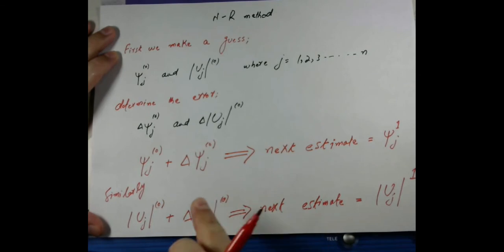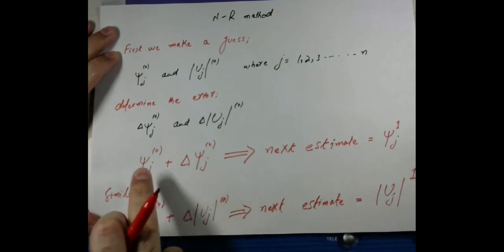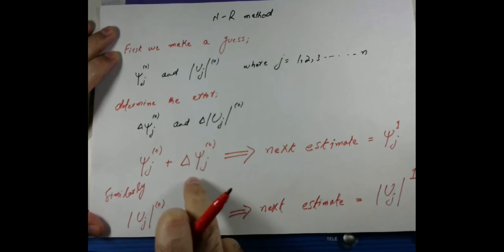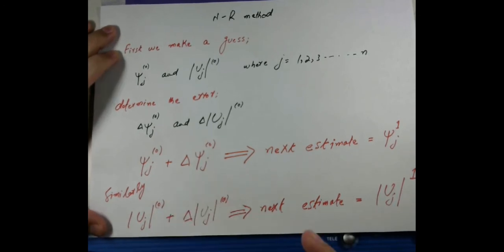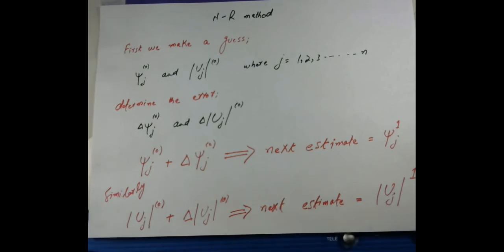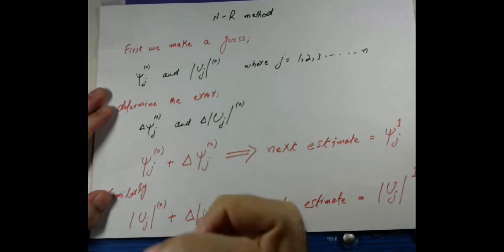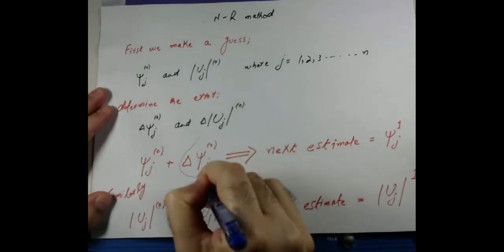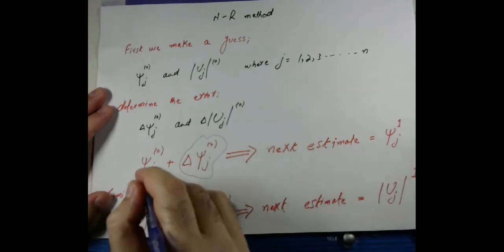So in this way, obviously we guess the initial value, but all this method is to find the error in this first estimate. So how to find the error? The important thing is how to find these errors. That is important because we can make the initial guess.